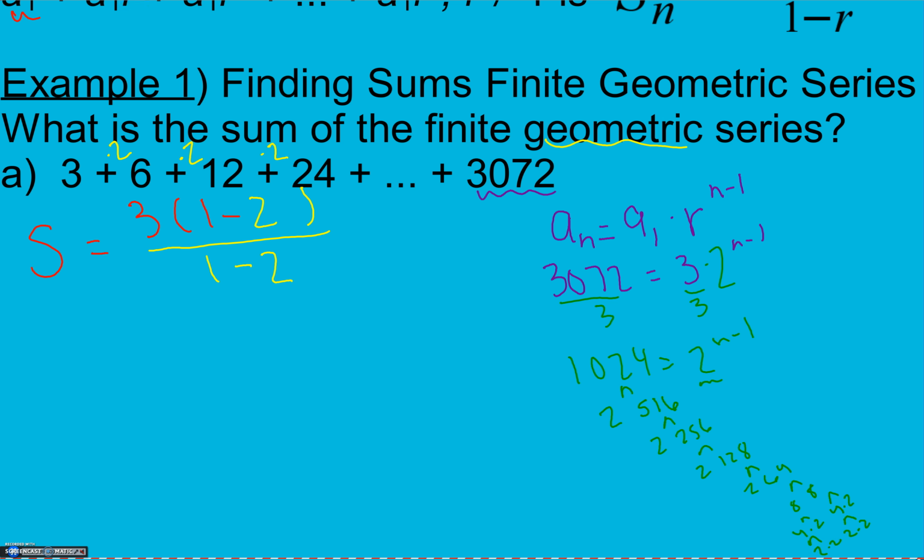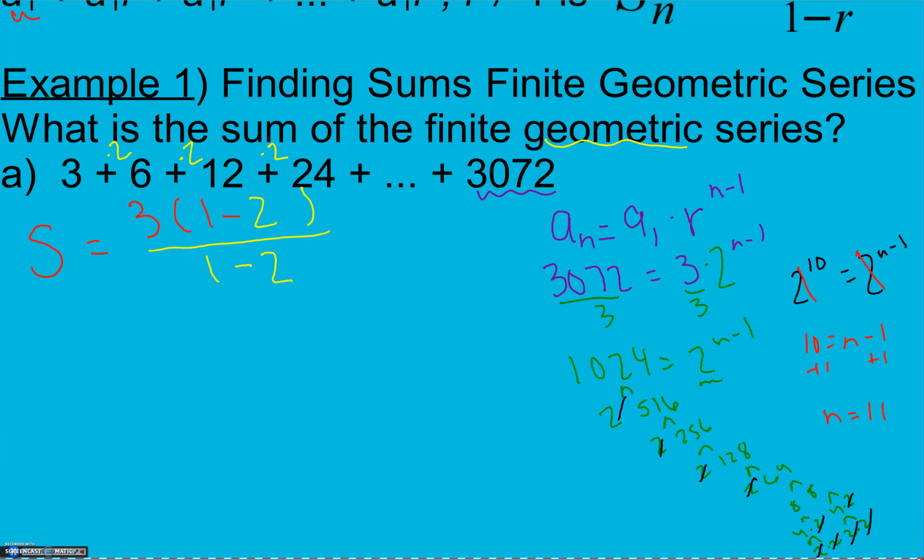So overall here, I have 1, 2, 3, 4, 5, 6, 7, 8, 9, 10 2's. So right now I have 2 to the 10th power equals 2 to the n minus 1. And just like when we had our exponential and logarithmic chapter, since our bases are the same, I can write it as 10 equals n minus 1, add 1, and get n equals 11.